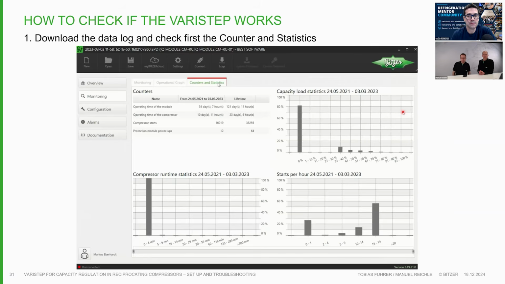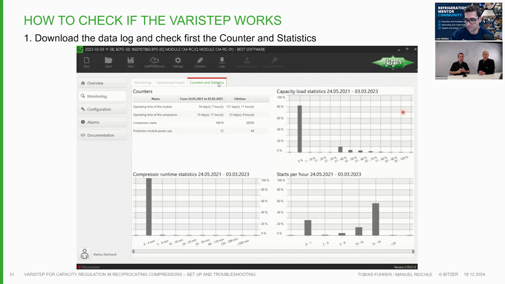Also, the number of starts per hour is an indication. 15 to 19 starts per hour is quite a lot. So the system cannot control the capacity properly. Something is wrong. If you see these statistics, it is really important to check the Varistep if it's functioning, if the solenoid valve is okay, and these kinds of things.